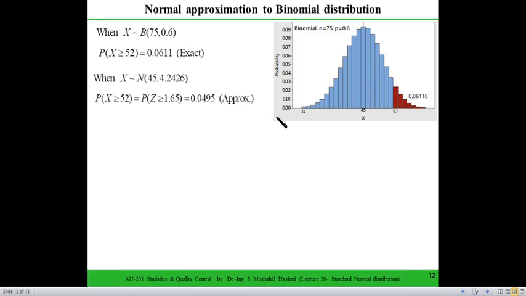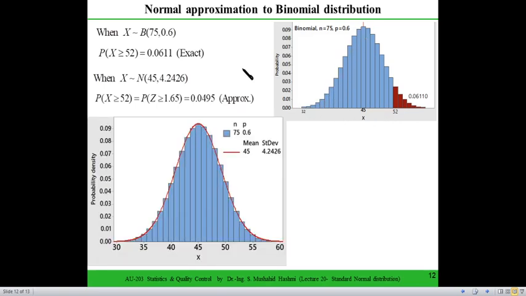So there is a difference, and the reason is that a binomial random variable is a discrete random variable, and in this case the area under the curve is represented by different bars, so it is not a continuous curve. Once we overlap the binomial distribution with the normal distribution, we can see that the normal distribution is a continuous curve, and the area under the continuous curve represents this probability.